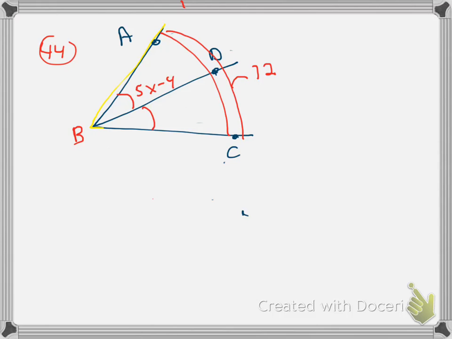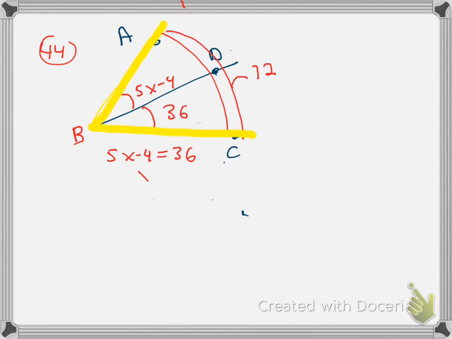This yellow angle on the outside is 72 and is being divided into two equal parts. Well, that means that the two equal parts must be 36 degrees each. So that 5x minus 4 has to equal 36. And when you solve that, you'll get x equals 8.